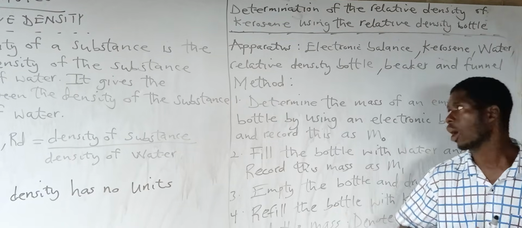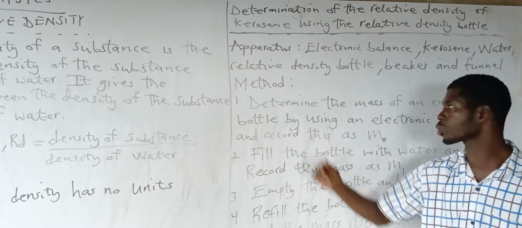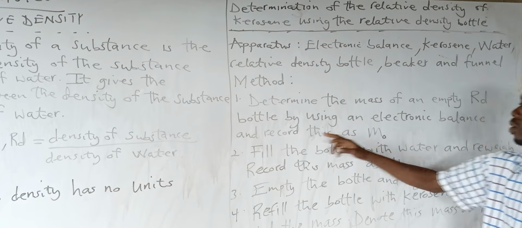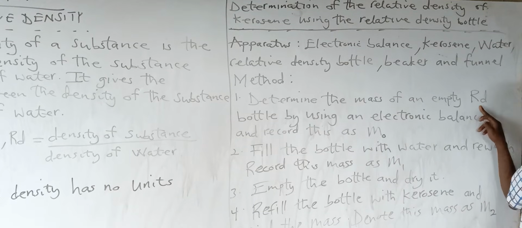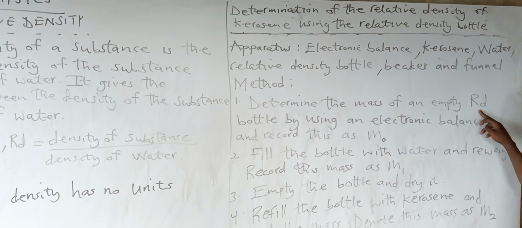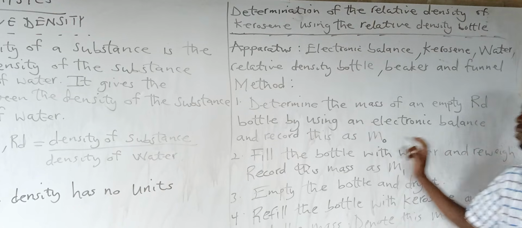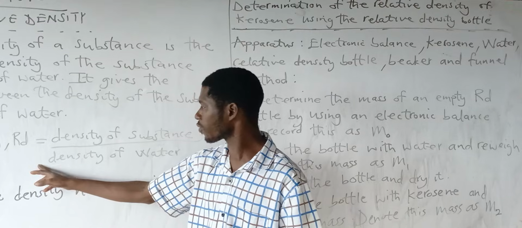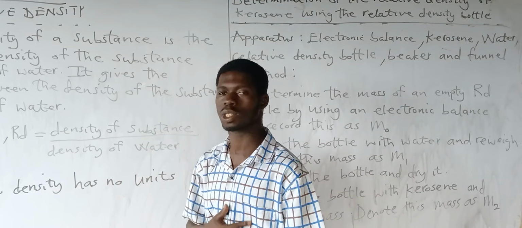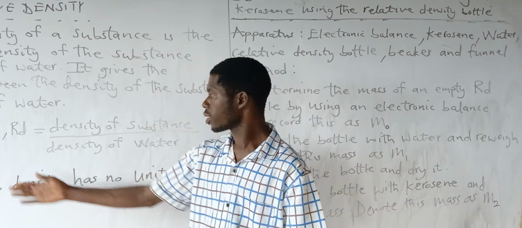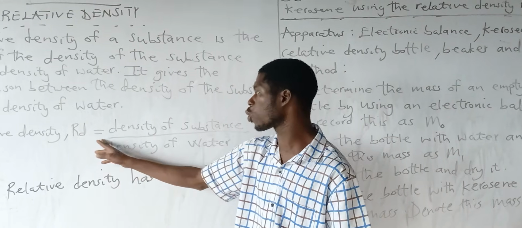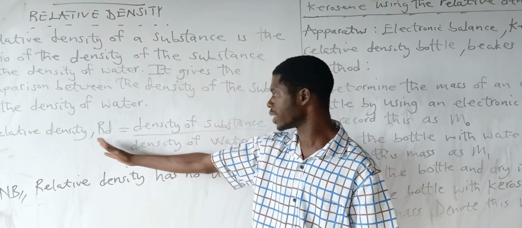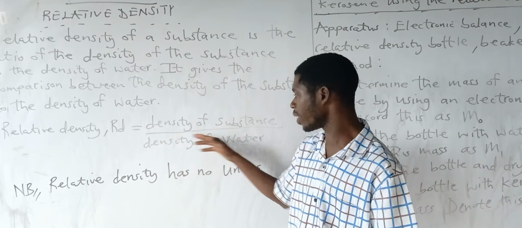Okay, so now the method. The first step says determine the mass of an empty relative density bottle. This is the symbol for relative density, and this is the formula. Relative density is equal to the density of a substance over the density of water.